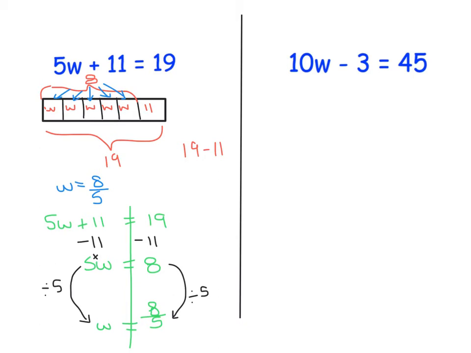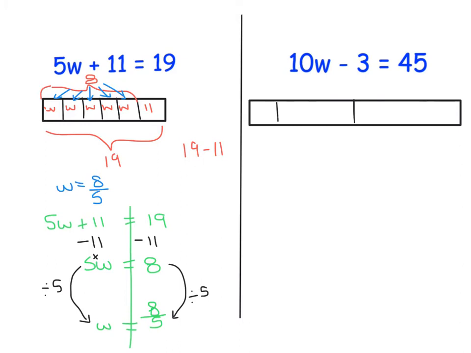Okay, let's have a look at the next one. So we've got, again, our bar. I'm going to do quite a big bar here because we've got 10 in here. So I'm going to leave 1, 2, 3, 4, 5. 1, 2, 3, 4, 5. So that should be 10w.